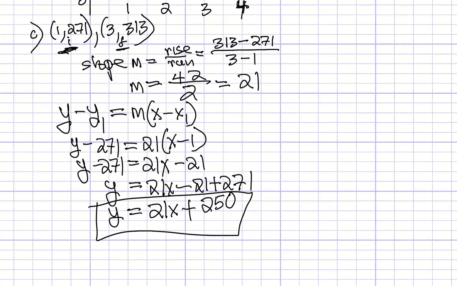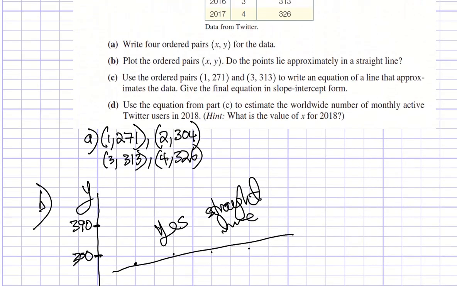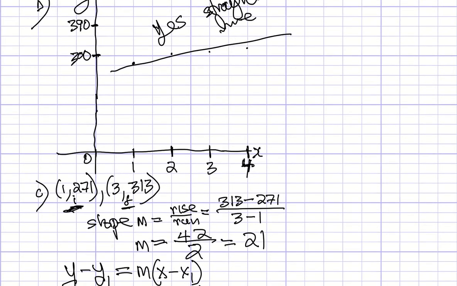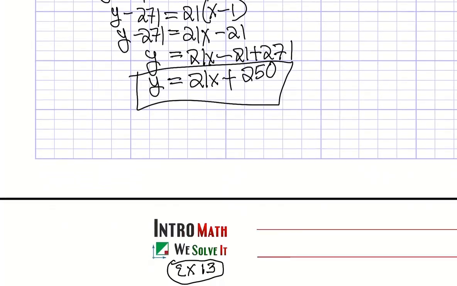So once we got that, what do they want? Use the equation from part I to estimate the worldwide number of monthly active Twitter users in 2018. 2018 wasn't given to us, so we can say 2018 has to be 5 if we follow the pattern, okay? So in 2018, x is 5.